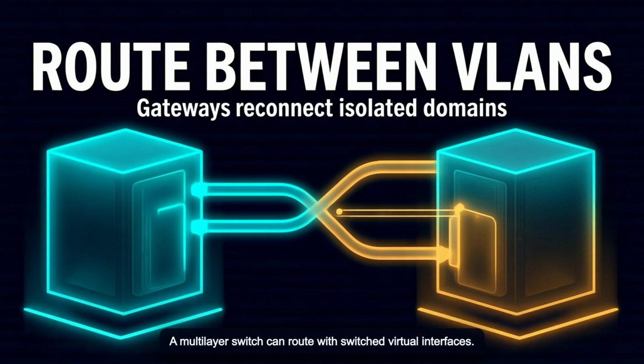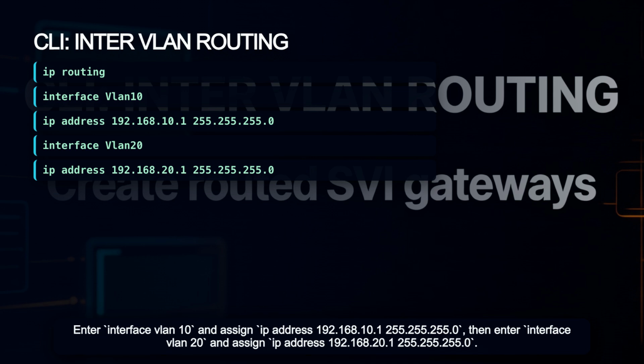A multi-layer switch can route with switched virtual interfaces. Enter interface VLAN 10 and assign IP address 192.168.10.1 255.255.255.0.